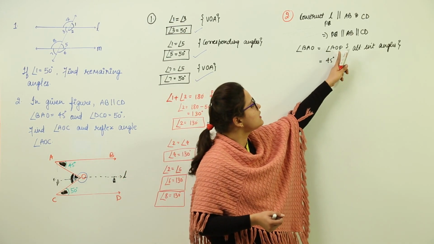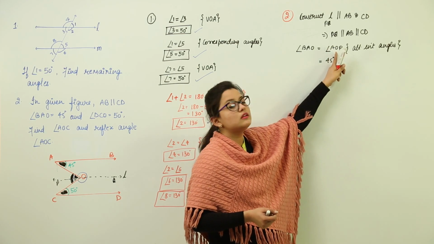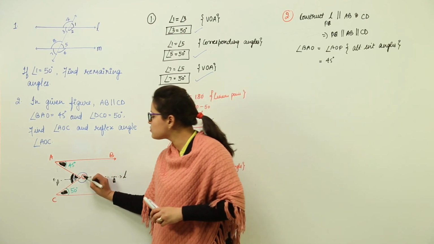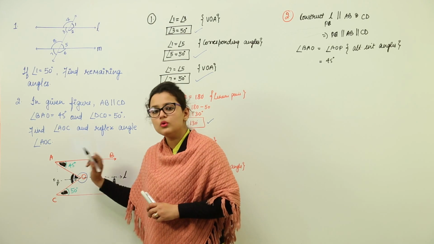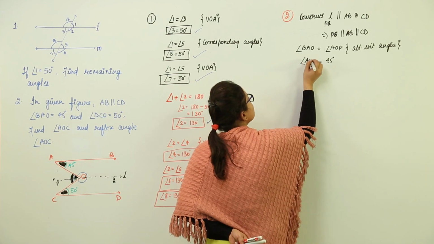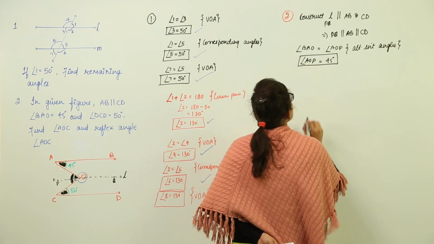Yes, you can write it as AOP, POA, that would be fine, because O should be lying in the middle, right? Whenever you are naming any angle, say for example this only, you can name it as AOP or POA, but no other name can be given to this. So here we have the angle AOP found as 45 degrees. That is the first step done.